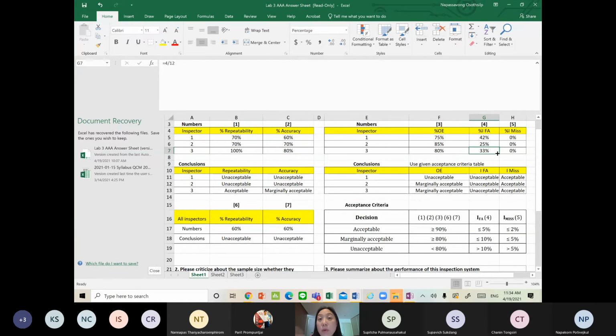So one reason can be that all of them, inspectors 1, 2, and 3 in this case, misunderstand the standard to judge good and bad parts, and then they tend to be more serious about the defects. That's why they always say that this is defective, but actually it's not. So one reason may be they misunderstand the criteria.